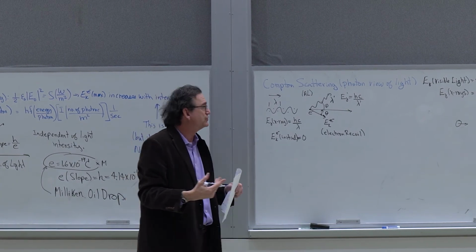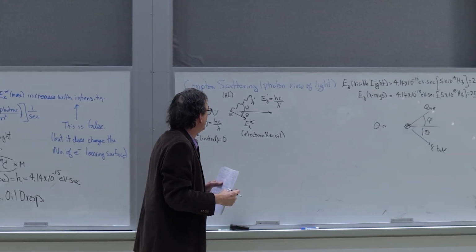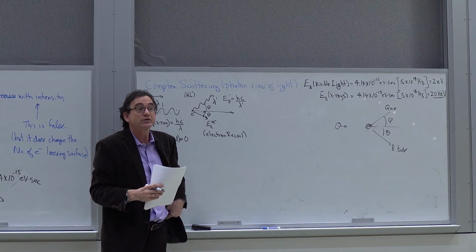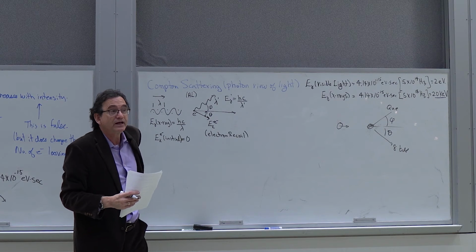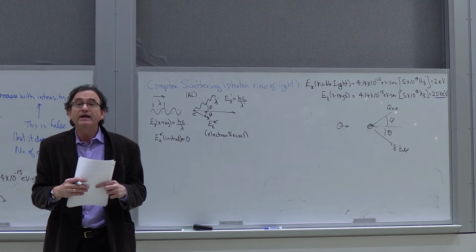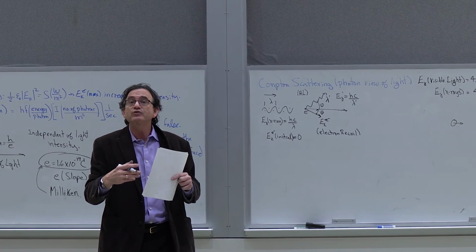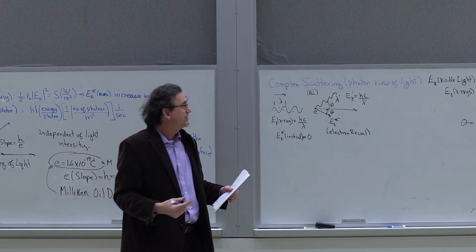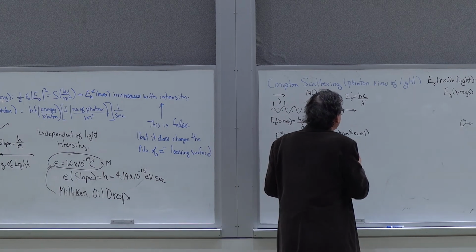I want to be able to make an experiment where if I know one of these variables, I can predict what the other one is going to be. And I can only do that if I can write down a conservation equation to solve for these different variables. Okay? So the equation that we have, first of all, is the energy equation.